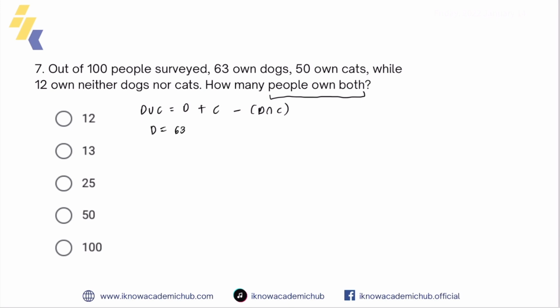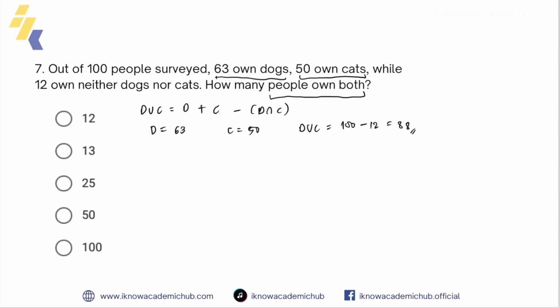Now we have D is 63 and C is 50. Now we still have to look for the union, D union C. It says 12 own neither dogs nor cats. Now we have 100 people minus 12 not owning any dog or cat. So we have 88. Okay?